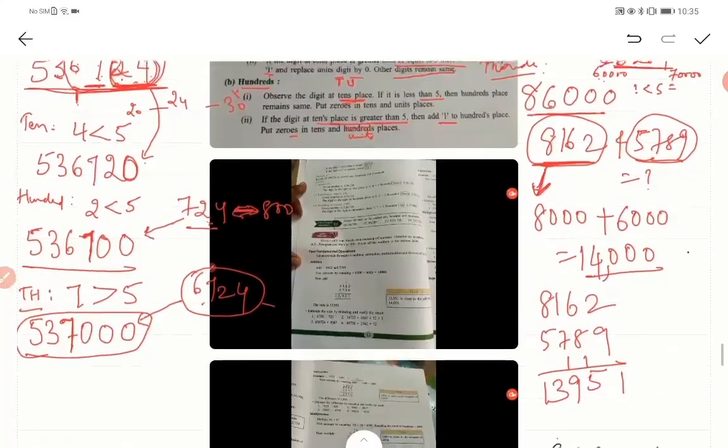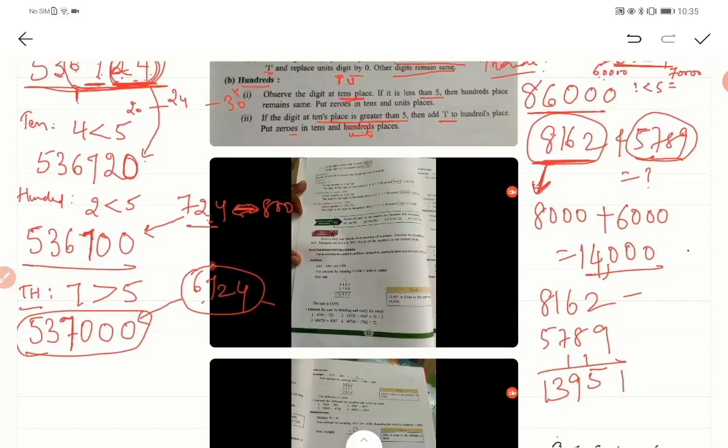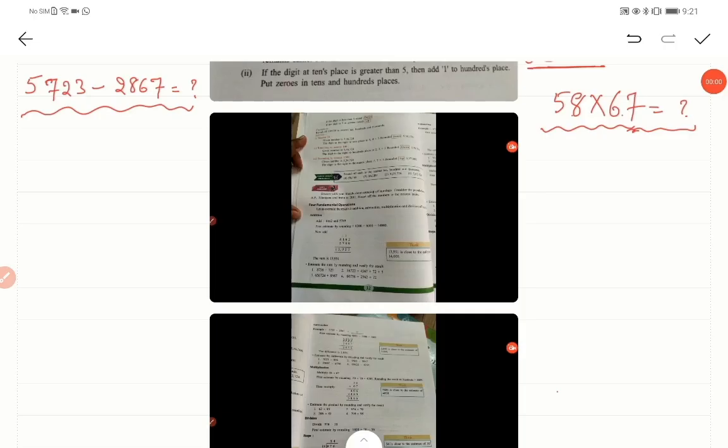After adding these two numbers like this, we have got 13,951, isn't it? This is very near to this 14,000. So what we have done is estimation.